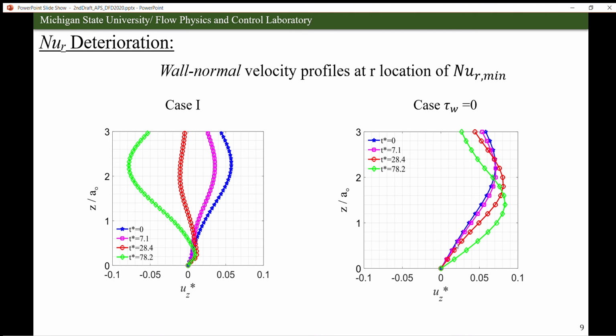The upwash near the wall is larger in case tau equals 0, as you can see here, and this is likely the reason why the minimum Nusselt number is worse for this case. We also notice that the upwash at the last two time steps is on the downward side because they are negative.